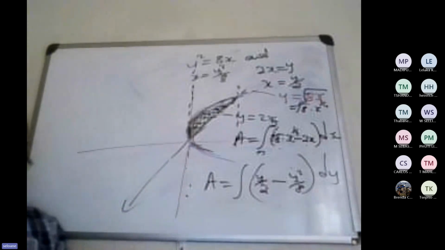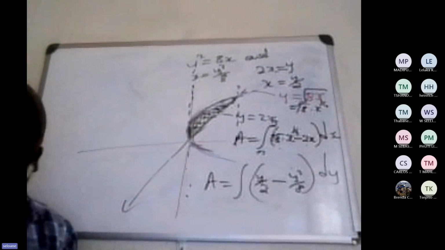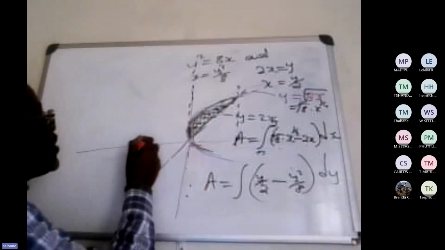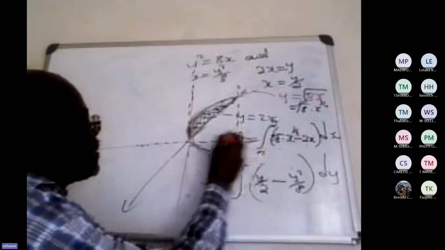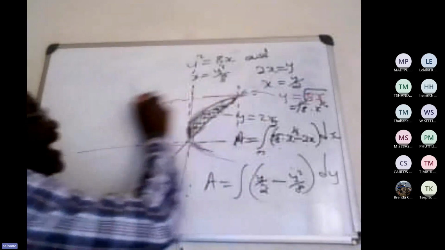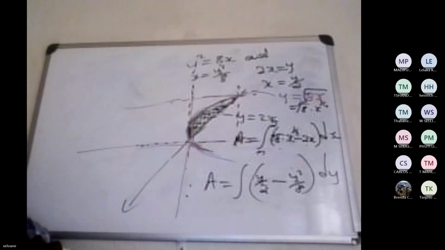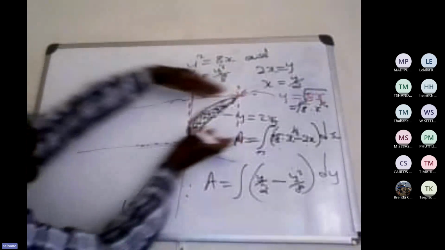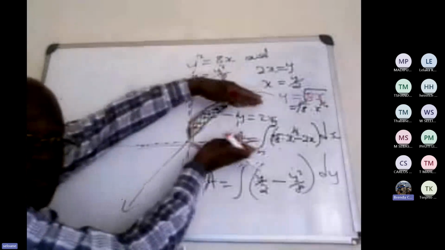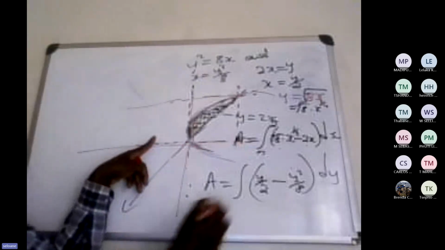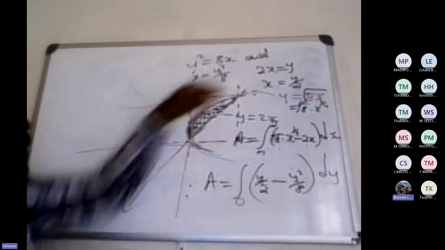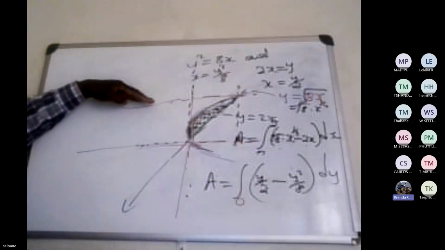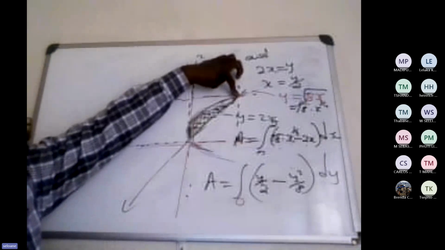It's enclosed between this horizontal line and this horizontal line. The lower bound is y equal to 0, and the other one is 4.